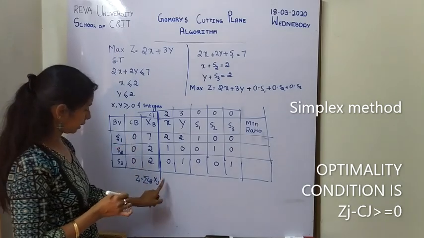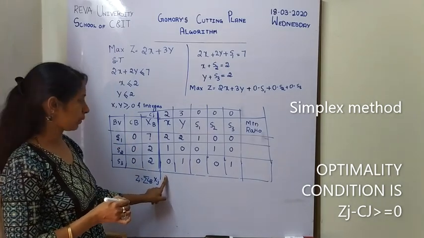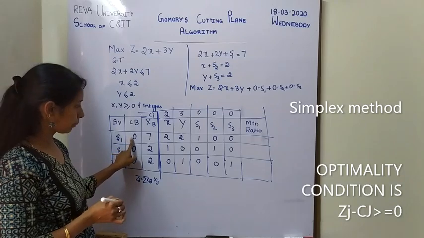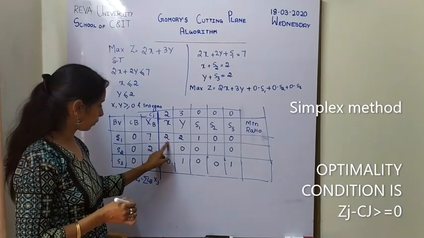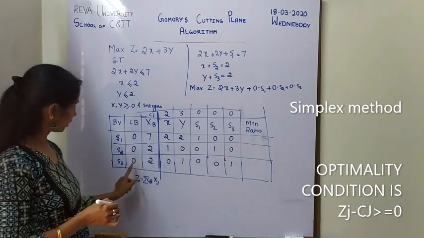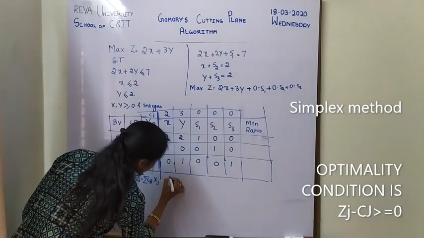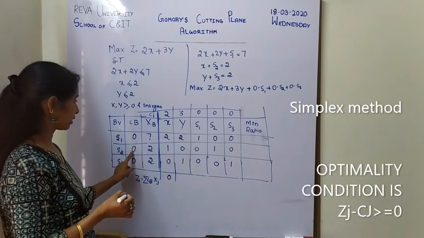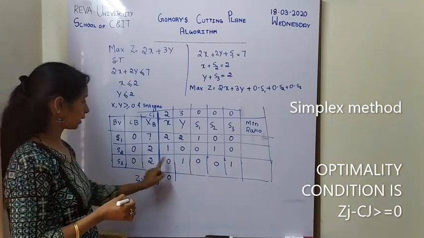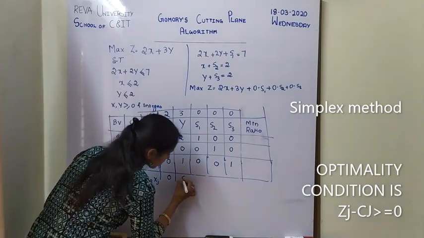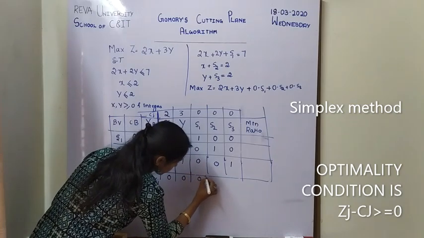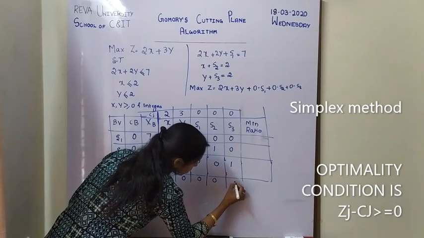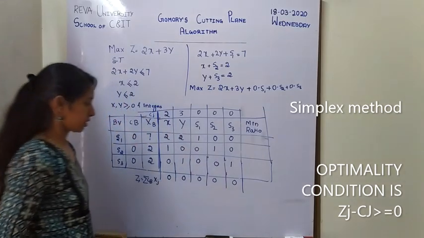So to write Zj for this column, you multiply 0 into 2, 0 into 1 plus 0 into 0. This gives you 0. 0 into 2 plus 0 into 0 plus 0 into 1, which gives you 0. So here also 0, here also 0, here also 0.